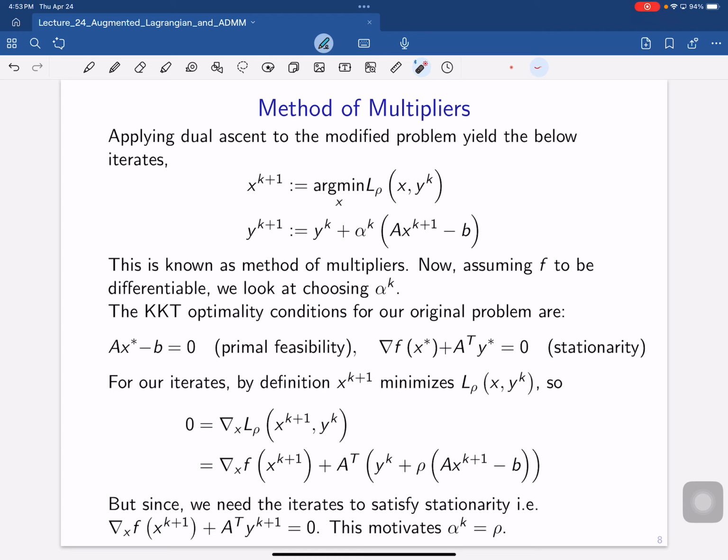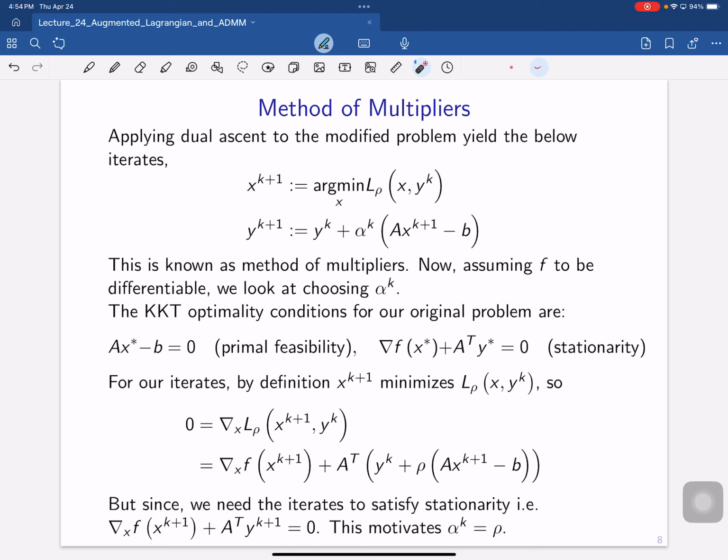This is the optimality condition for the optimal x, x k plus 1. If you write it down, we have the gradient of f of x and the gradient of the augmented term. If you do the math, you realize that this is the optimality condition for the minimization over x step.